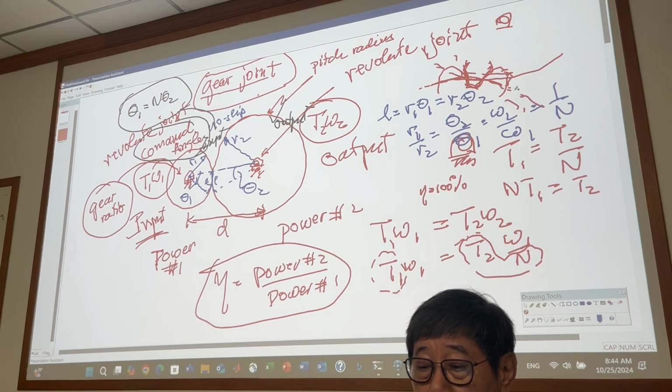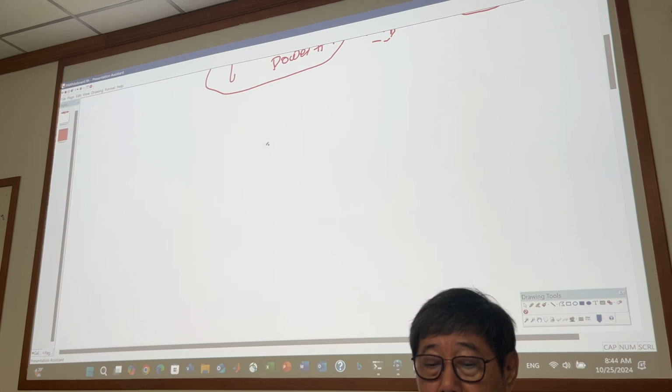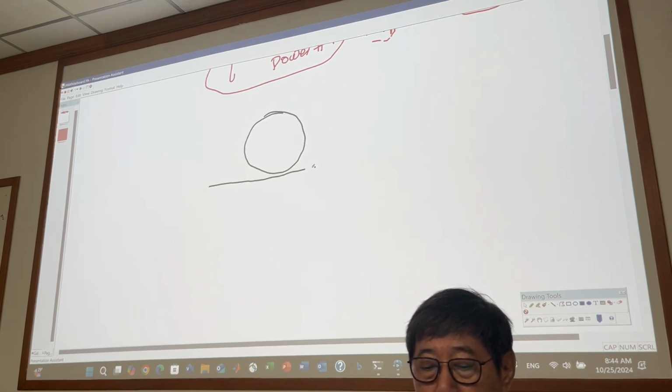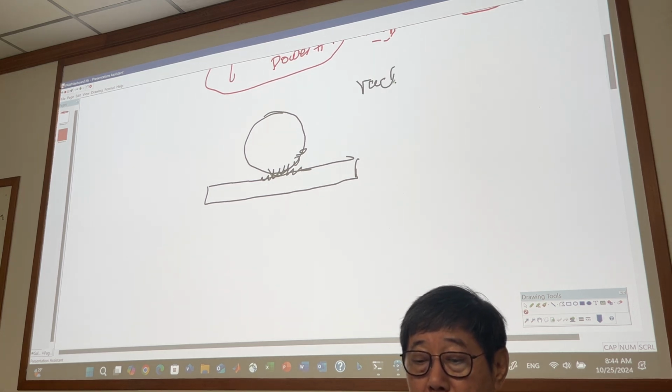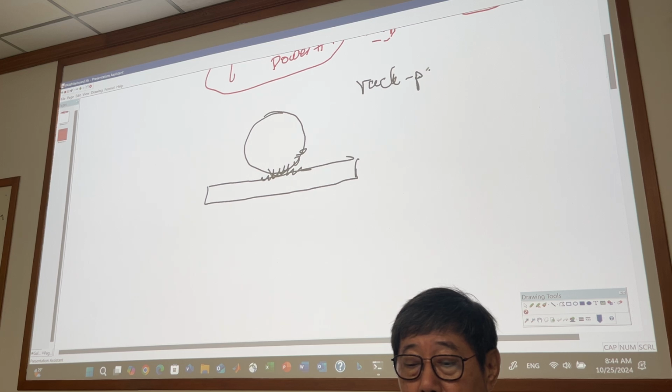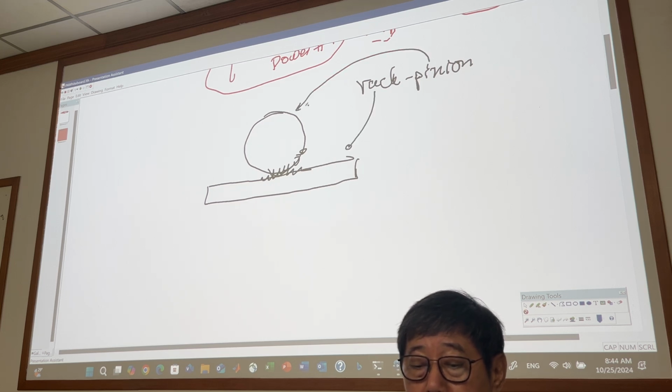There is another type as well. That's a gear joint; the other one is a rack and pinion joint. It is the same, there is a gear here too. This one is the rack and this is the pinion. Normally the rack is this one and the pinion is this small gear.